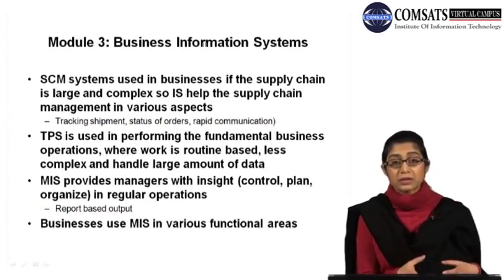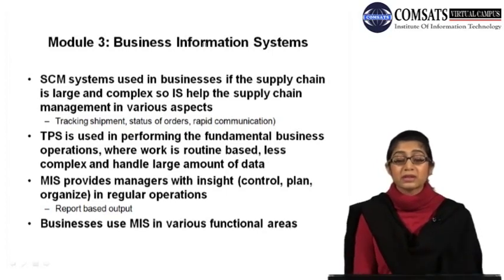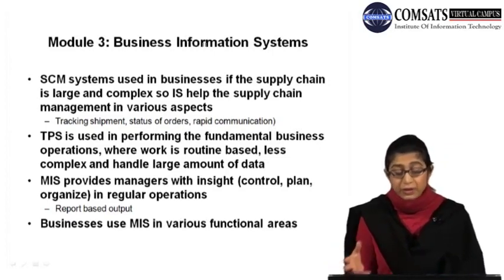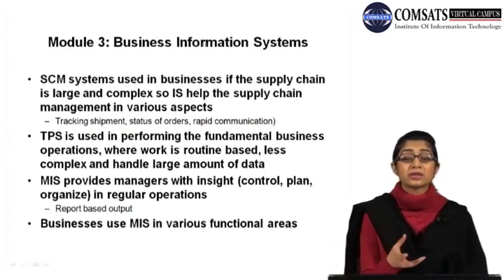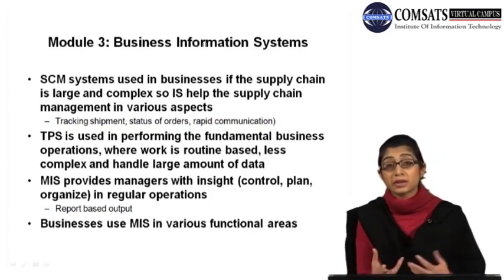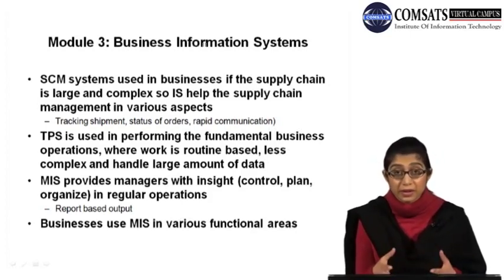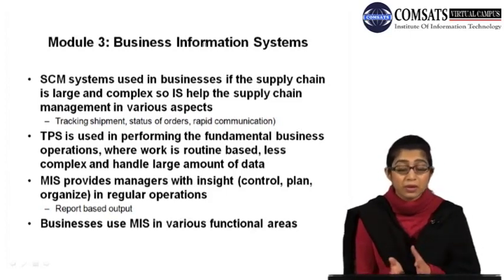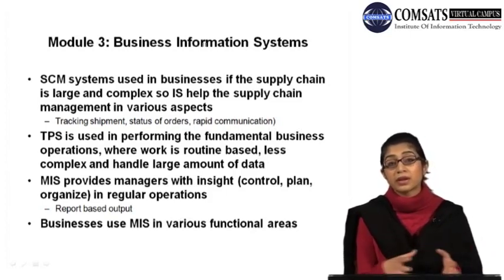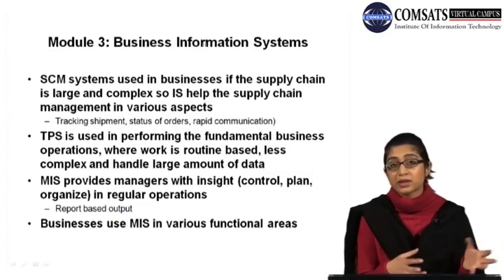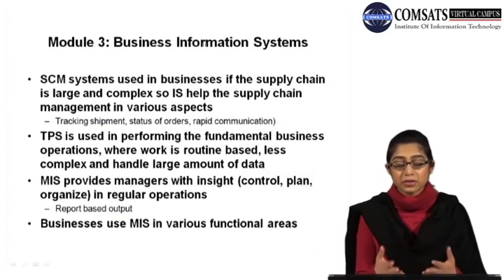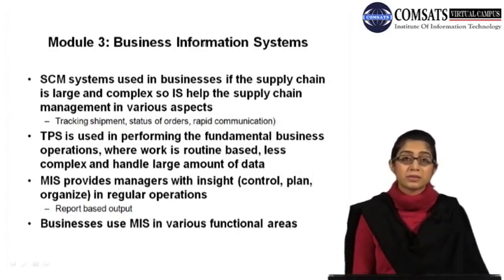So the information system or the supply chain management system is there to help the supply chain management in various different kinds of aspects. अब different kinds of aspects हैं जिनके लिए जो ये वाले systems हैं काम करते हैं, help करते हैं. उस काम को बेहतर करने की, by tracking different kinds of shipments, by tracking the status of the orders, by allowing rapid communication throughout the supply chain. And there were various different kinds of benefits that were achieved by using these supply chain management systems.